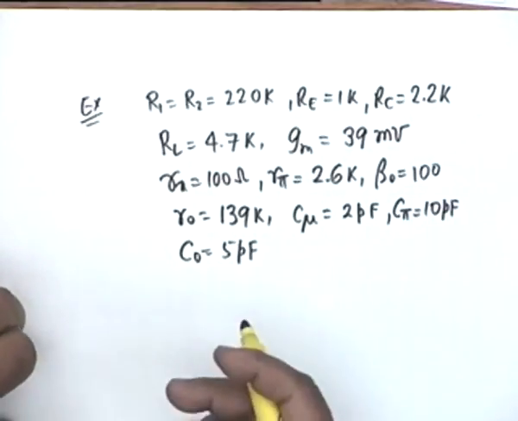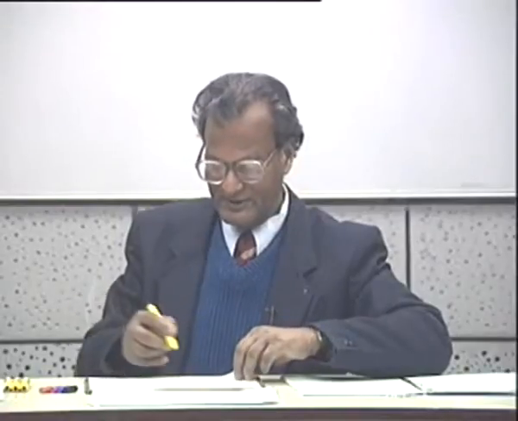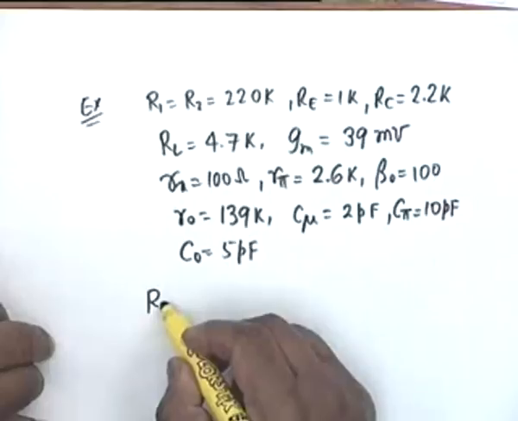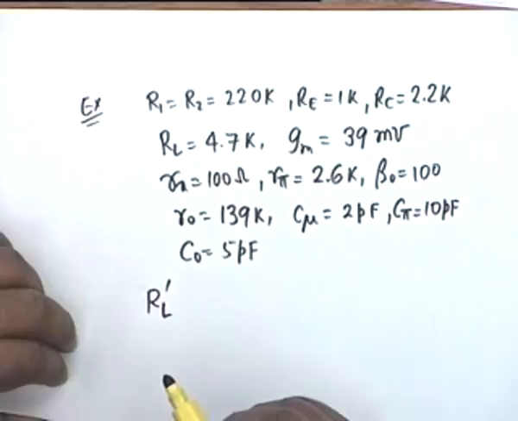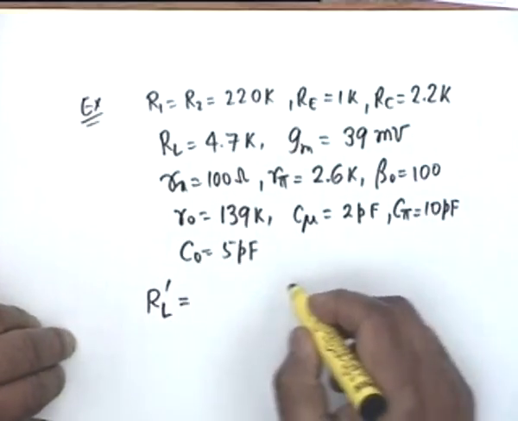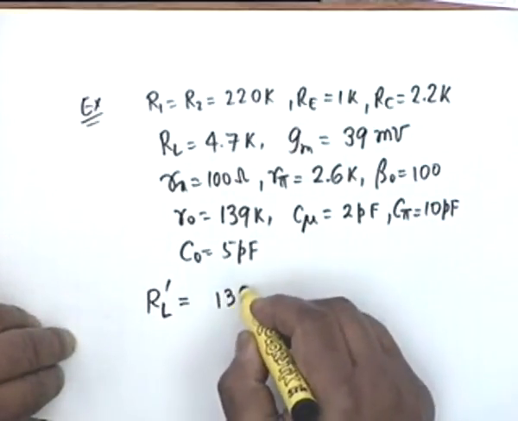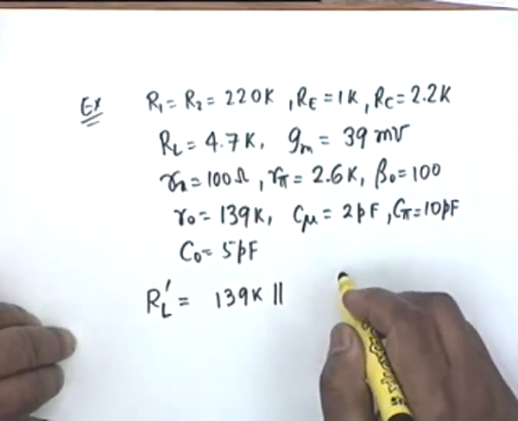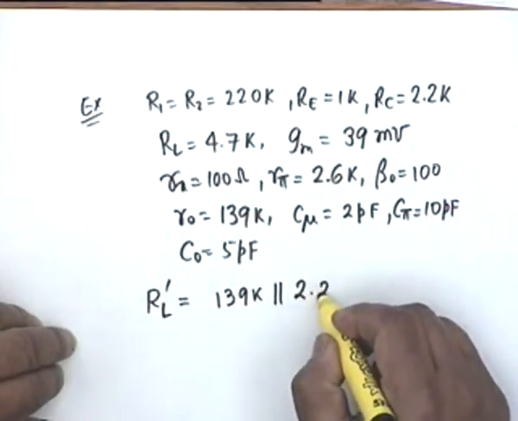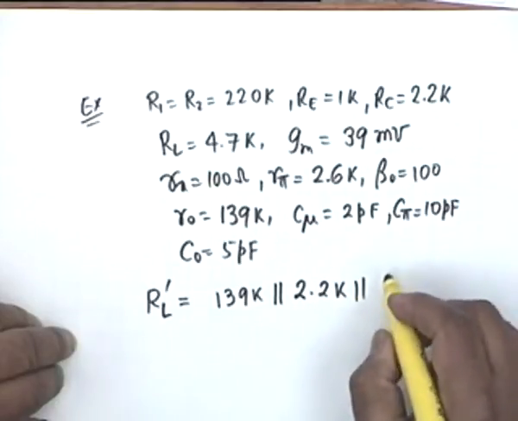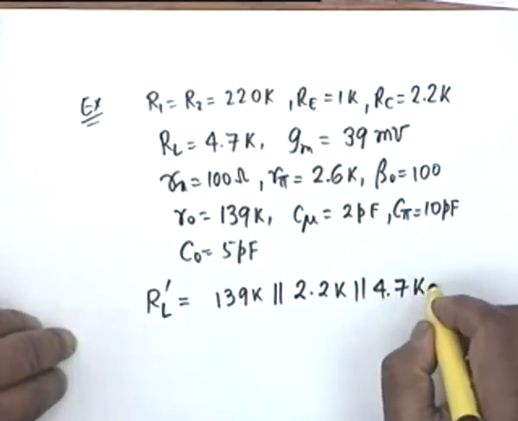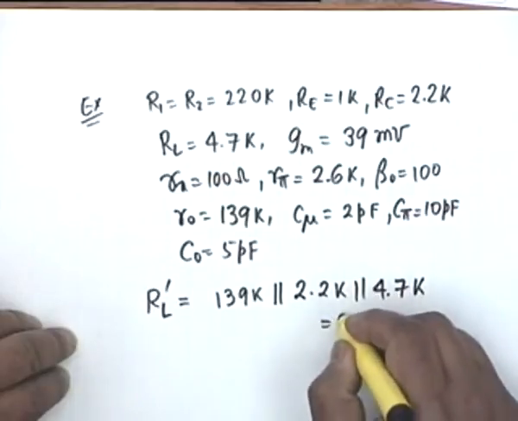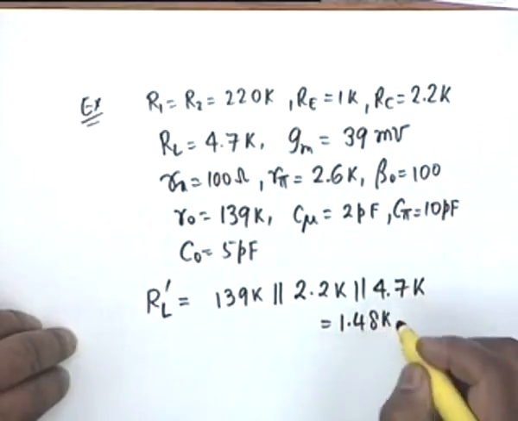So, the first thing to find out is RL prime, because this occurs in omega 2. RL prime would be R0, that is 139K, parallel RC, which is 2.2K, parallel 4.7K, and this is equal to 1.48K.